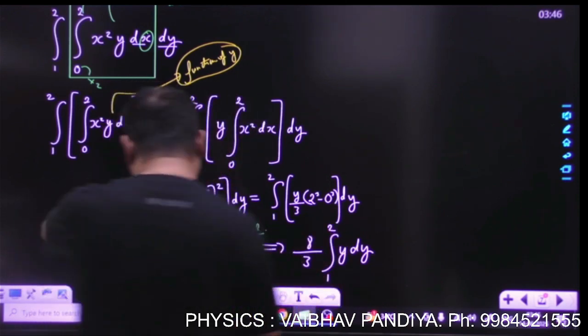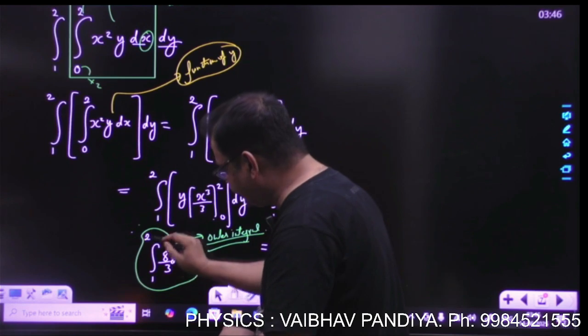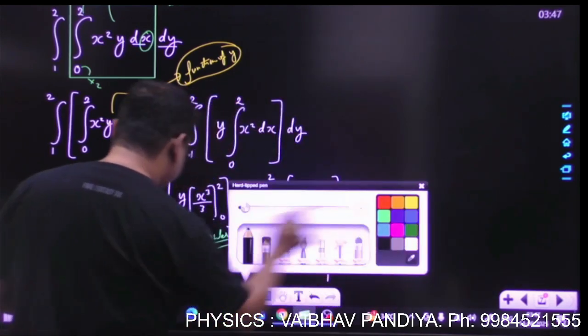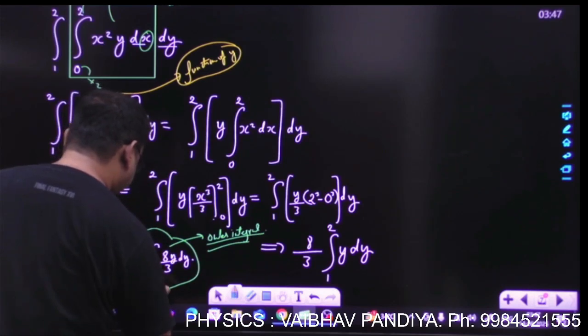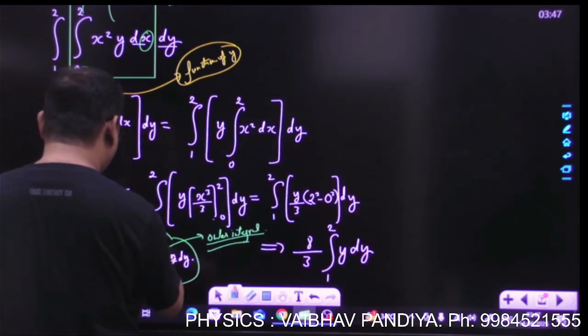And of course, when you are going outside, this integral sign will have the limits of y, like the inner integral sign was having the limits of x. So this outer integral sign will have the limits of y, this is y1 and this is y2, got it?